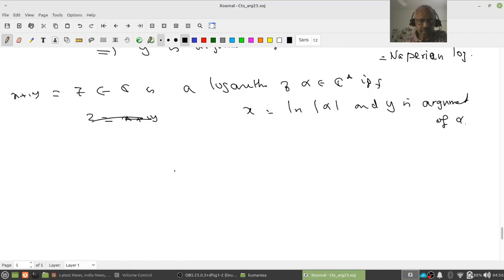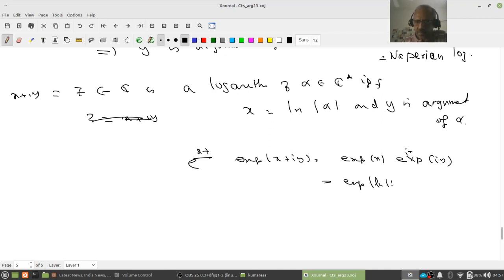Okay, because if this is x and y, you can see exponential of x plus iy is exponential of x into exponential of iy, but exponential of x is exponential of natural logarithm of mod alpha, into exponential of iy.